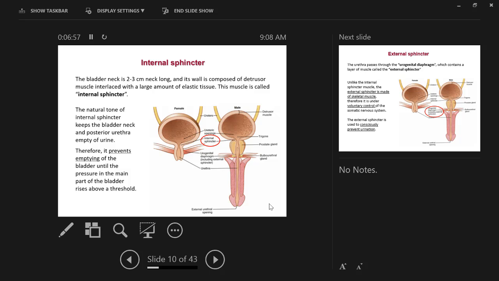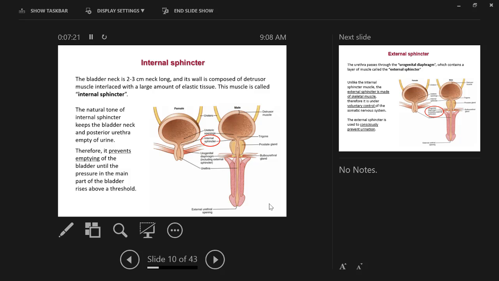If you go down a little bit, there's another muscle called the internal sphincter. That is also smooth muscle, which you cannot control consciously. Naturally there is a tone here.